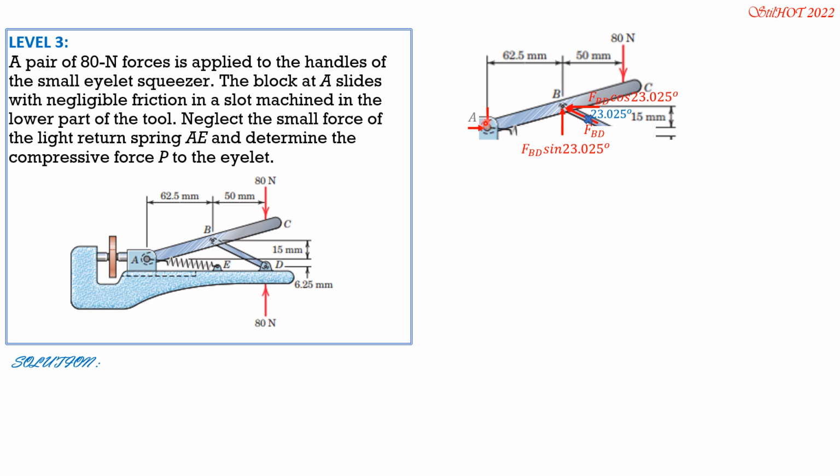And these are the reaction components at the pin at A. So moment A is 0, counterclockwise positive. Let's begin with the horizontal component. It is equal to FBD cosine of 23.025 degrees times 15 mm. The vertical distance from B to A is 15 mm. Then plus, counterclockwise, FBD sine of 23.025 degrees times 62.5 mm.